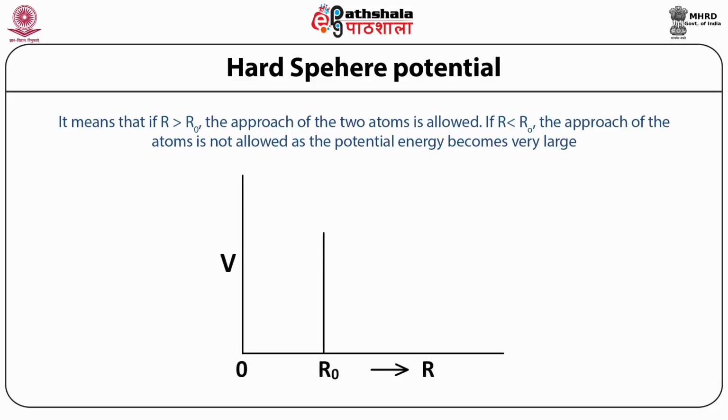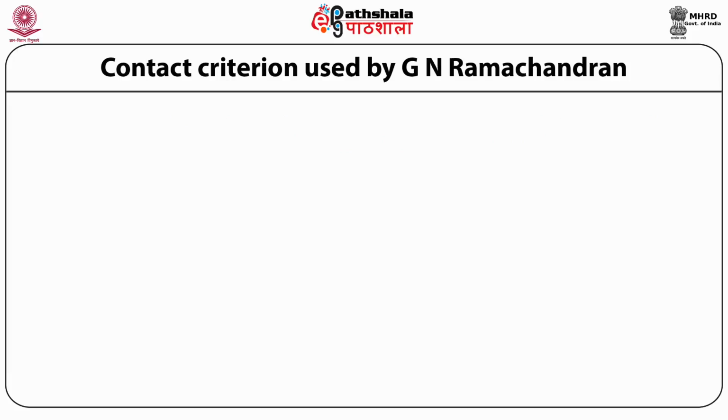We show in this picture, in this table, the contact criteria used by G. N. Ramachandran. He used two different values: ordinary criteria, and after making some adjustment for the allowed distances, a minimum contact criteria.